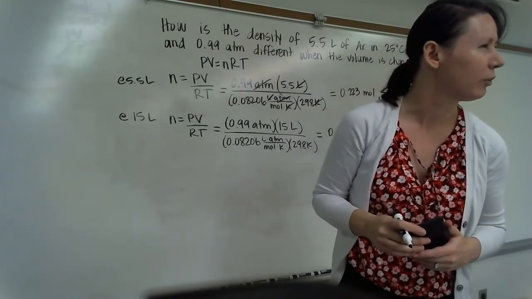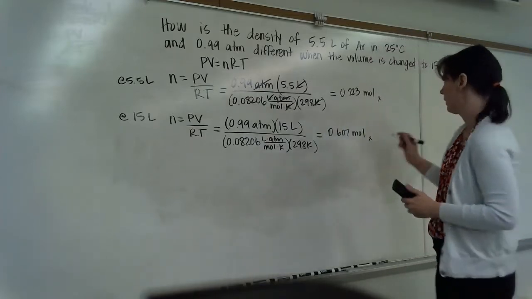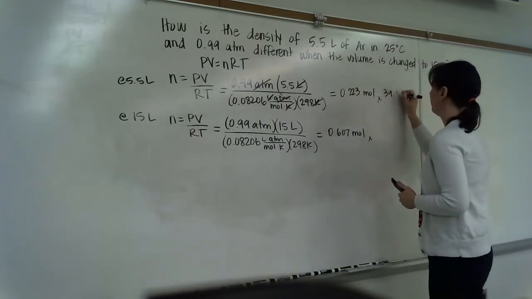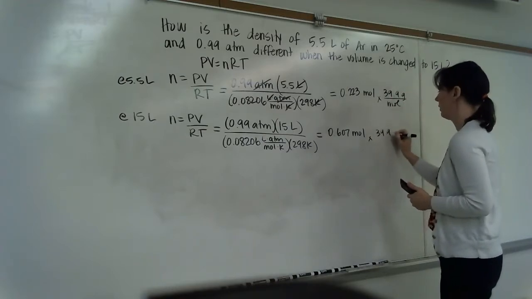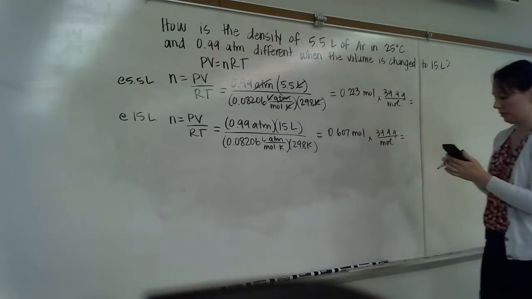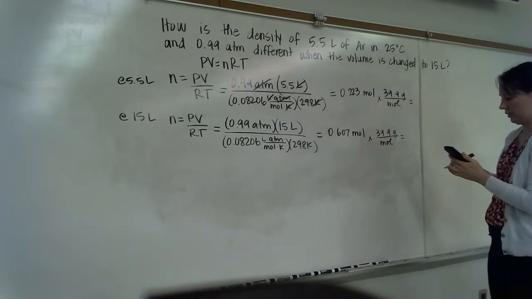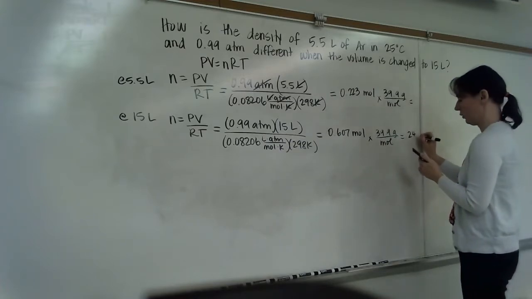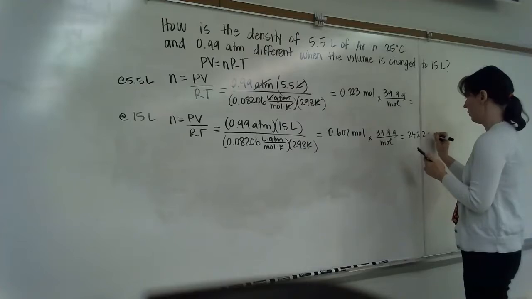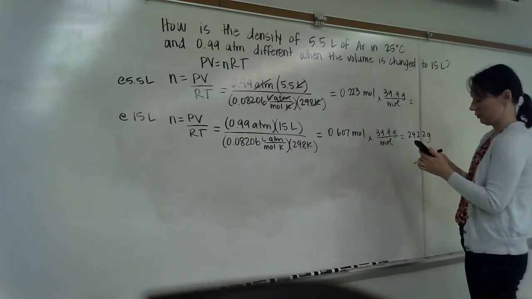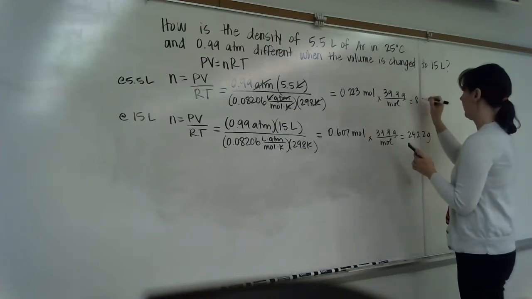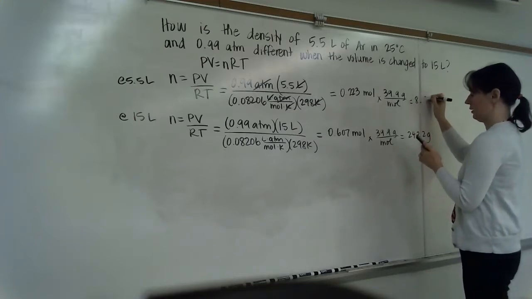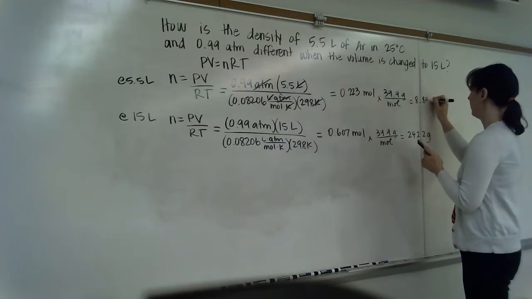I can't see that far. 39.9, I think, is what it is, right? 39.9 grams per mole. So times 39.9, that's 24.22 grams. And then 0.223 times 39.9 is 8.897.